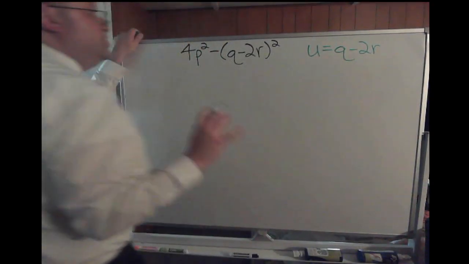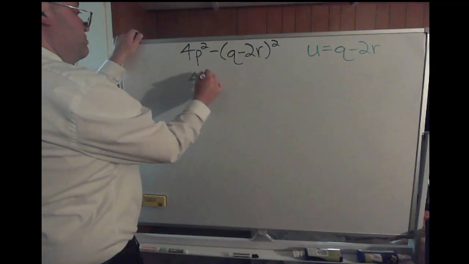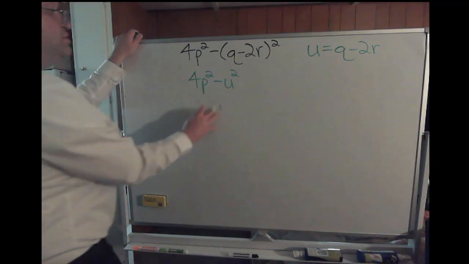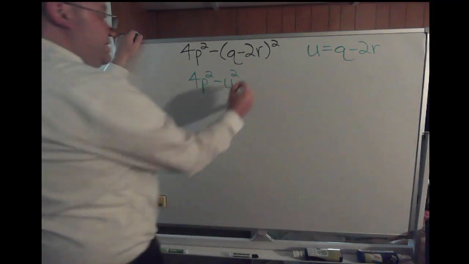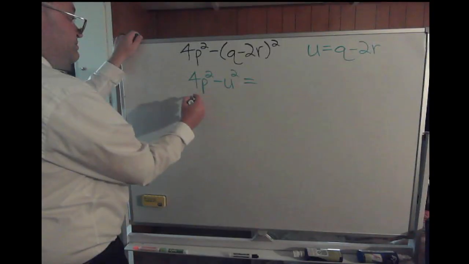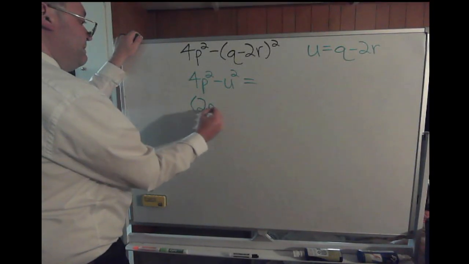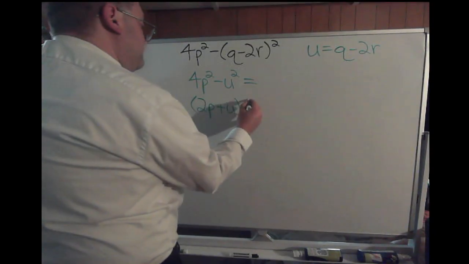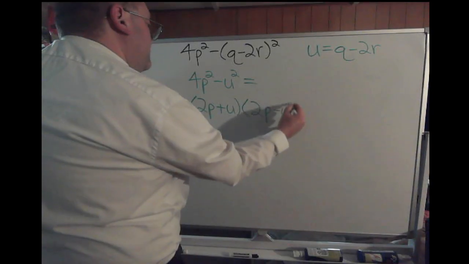I would go ahead and do that. So then what you're going to have now, you'll have 4p to the second minus u to the second. And that's so much easier to work with when you have a difference of two squares. So to factor this difference of two squares, 4p squared minus u squared, you would get 2p plus u times the quantity of 2p minus u.